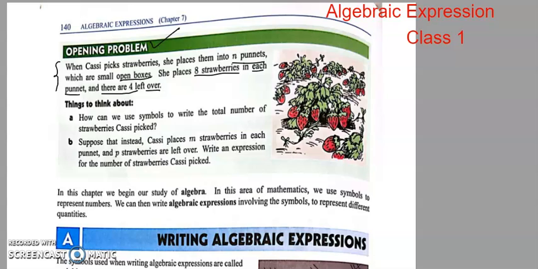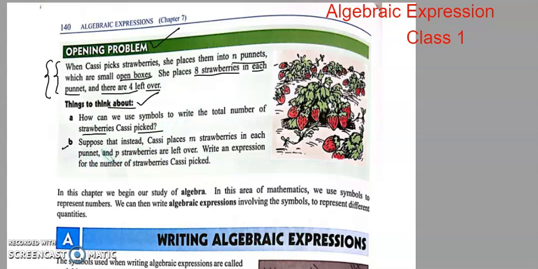This is something stated, and then it says things to think about. So you are required to think, how can we use symbols to write the total number of strawberries Cassie picked? In this statement, what is the total number of strawberries? How will you write that using symbols?